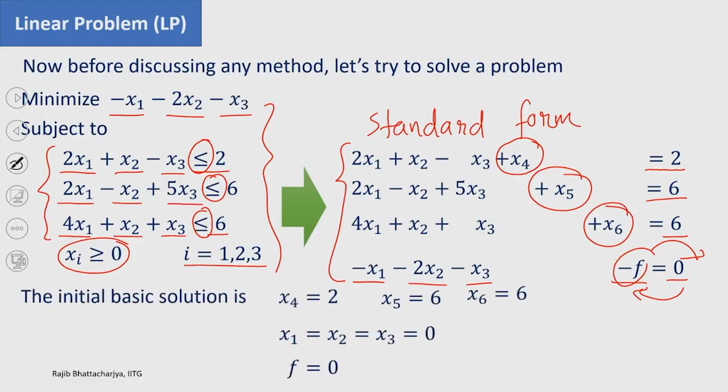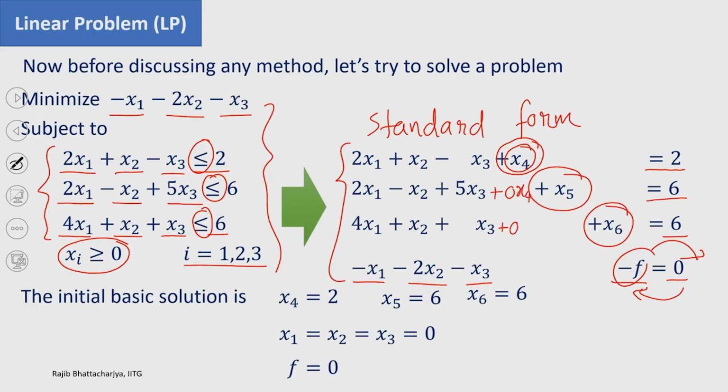Now, just see the beauty of adding this slack variable. The slack variable x 4 is added to equation 1, and therefore the coefficient of x 4 in equation 1 is 1, and for the others it is 0 x 4.